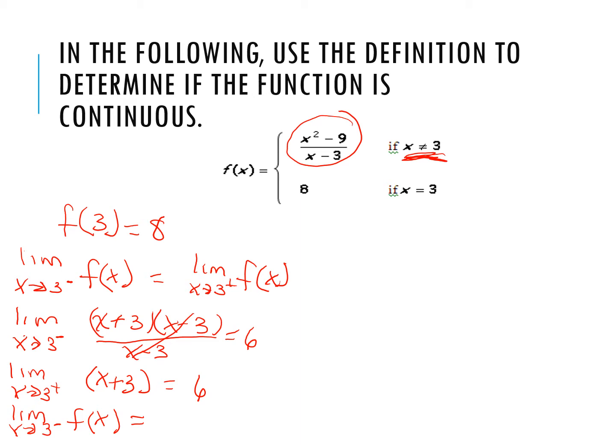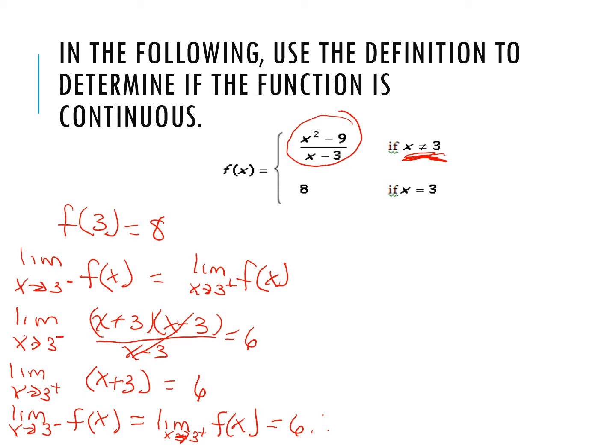Notice I'm also writing the limit as x approaches 3 from the left of f of x. That's important notation. Is equal to the limit as x approaches 3 from the right of f of x, which is equal to 6. Therefore, the limit exists.